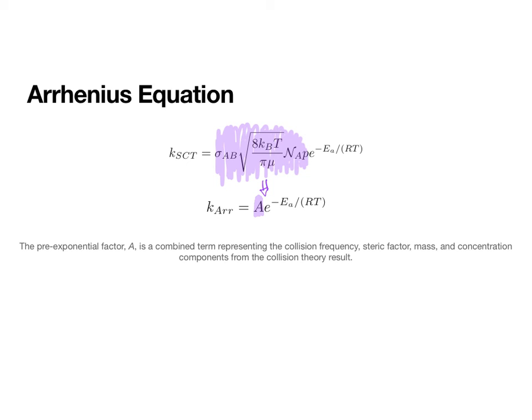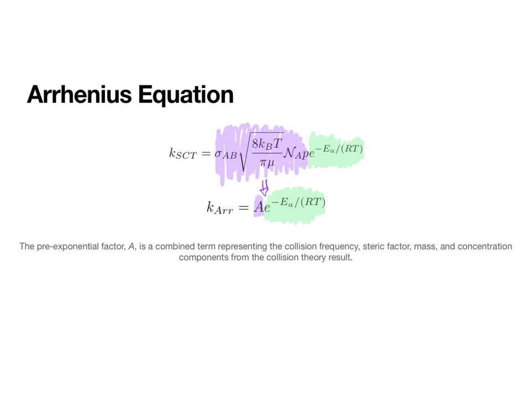It talks about the collision frequency, the steric factor, the mass, the concentration components, all of this in one compact, experimentally determined variable. So really, we've just combined variables together. And notice that this e to the minus EA over RT is the same in both of these.